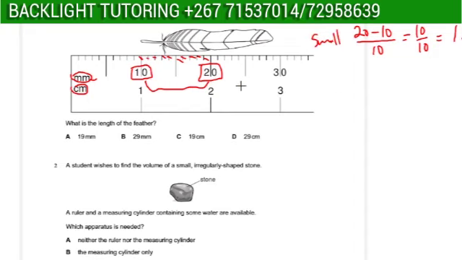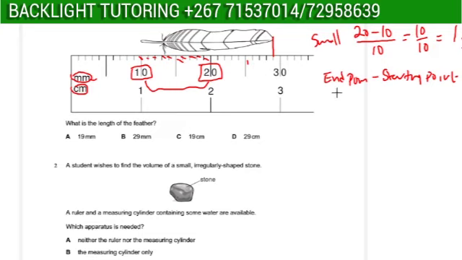So we have found the small unit. Now we're going to find the actual length of this feather. We're going to take the end point minus the starting point. What is our end point? Where the feather ends. It ends here. Remember, each unit represents 1 unit, so this is 21, 22, 23, 24, 25, 26, 27, 28, 29.